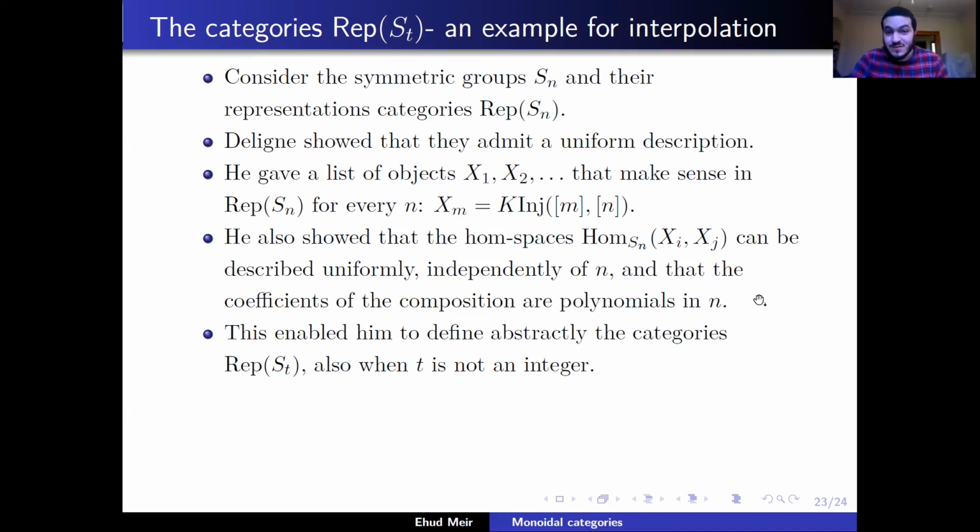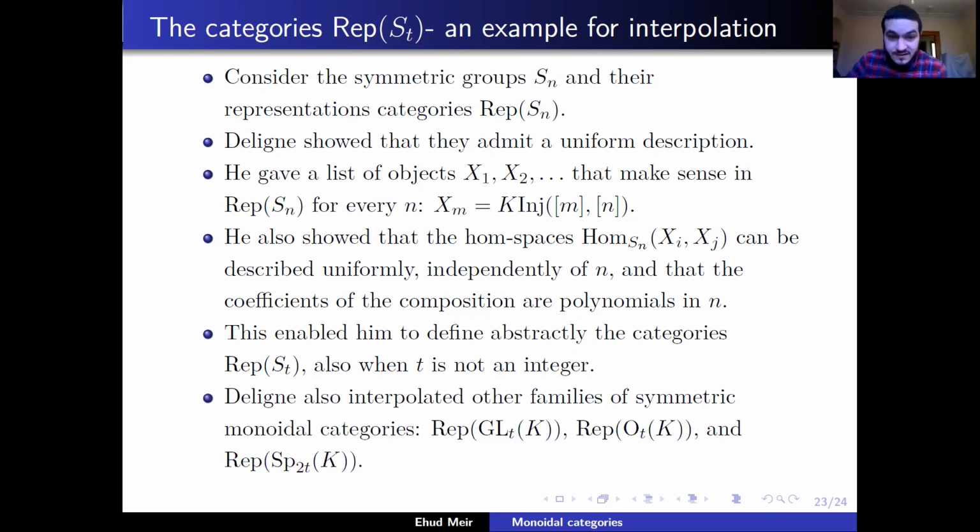So this enables him to define abstractly the categories Rep St also when t is not an integer. So even though if I tell you the symmetric group on 2 plus 1 over pi elements, that doesn't make much sense, the representation category of this group that doesn't exist does make sense. So we do have an object called Rep St also when t is not an integer.